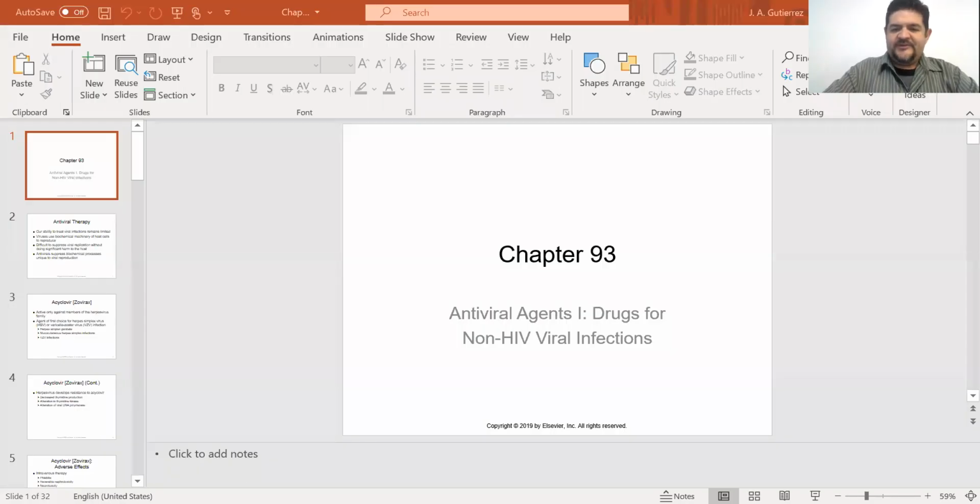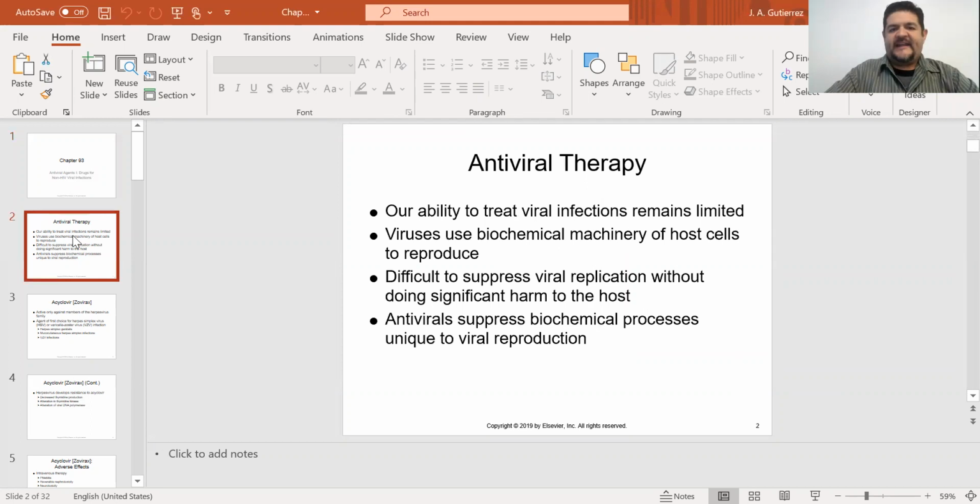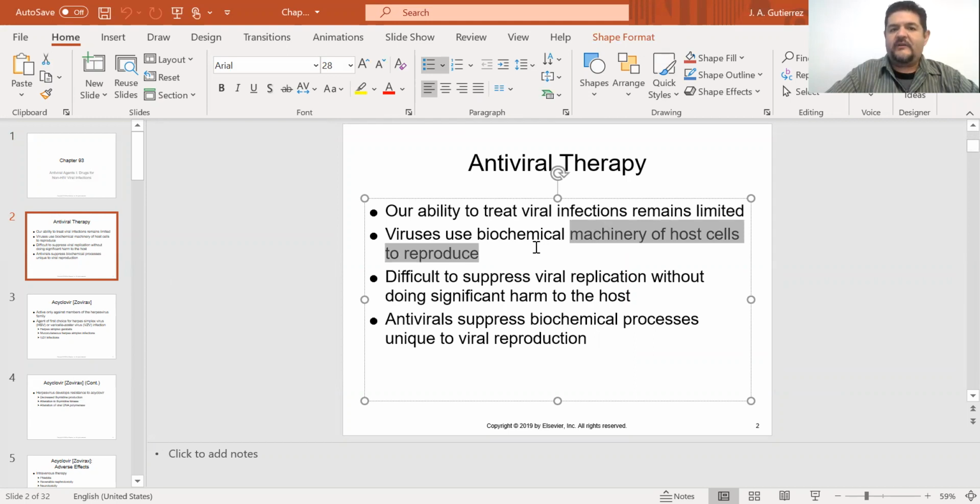So in this chapter, like I mentioned, medication for viral infections, non-HIV. In this chapter, we're not going to talk about any drug related to HIV. Regarding antiviral therapy, we don't have a lot of drugs out there, because when viral infections attack the body, they get inside our cells in order to multiply.